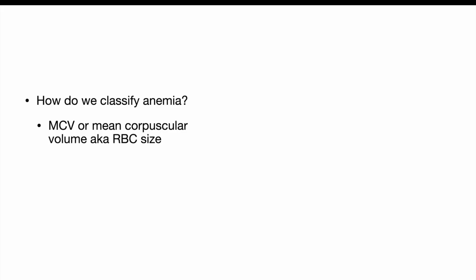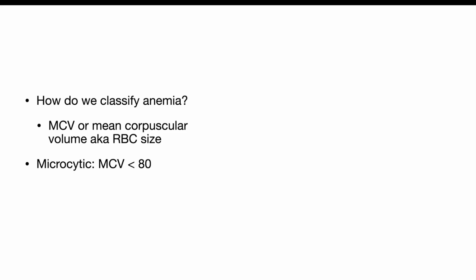The first type would be microcytic anemia, and that's when the value of MCV is below 80. Micro, that prefix, may make you think of something that's small or smaller than it should be, and that's exactly what it is. The red blood cells in this case are a little bit smaller than they should be.